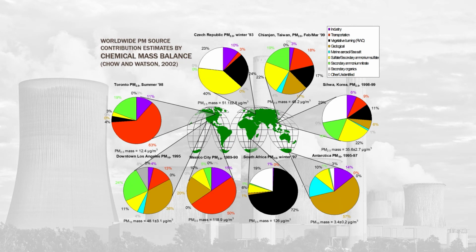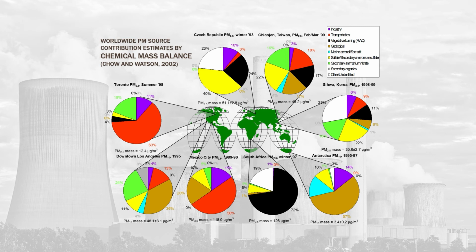You can see the different sources given here: industry, transportation, vegetation burning, geological, marine, secondary organics. Using a chemical mass balance model, from the given concentration at a location, we can identify the probable sources.